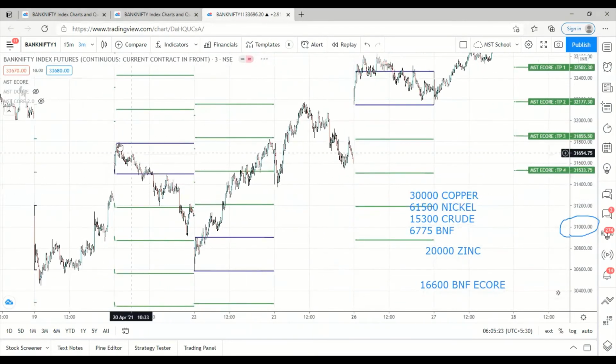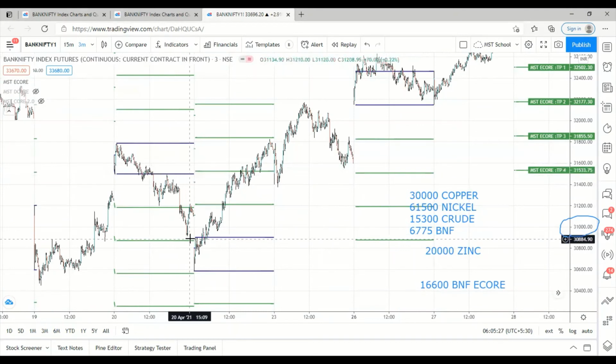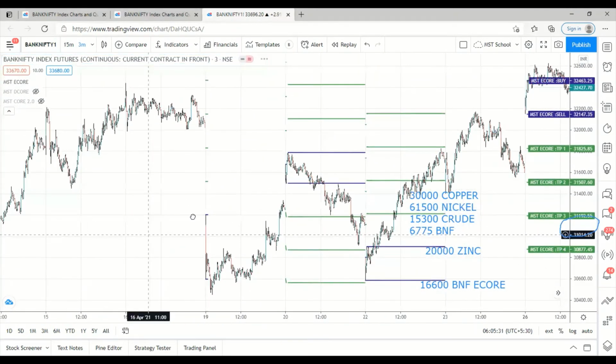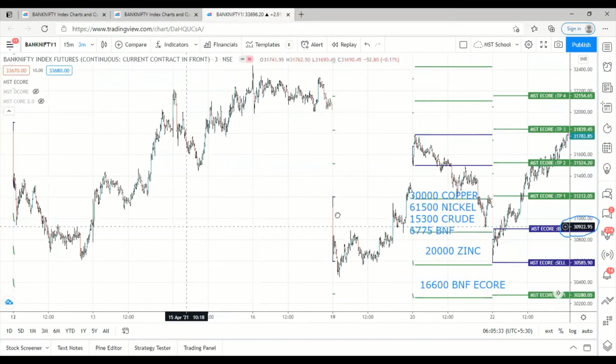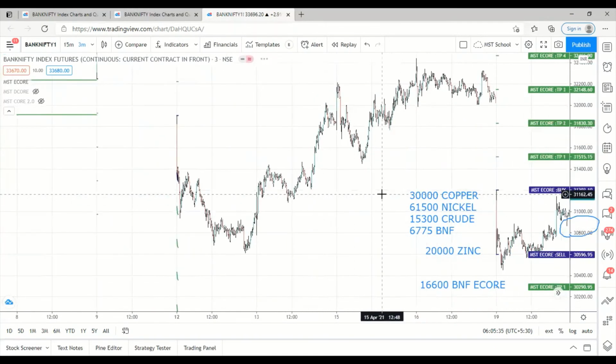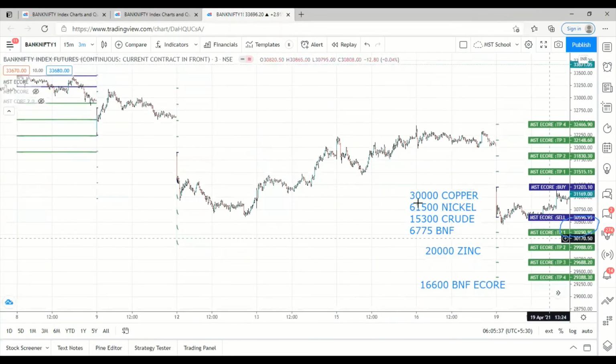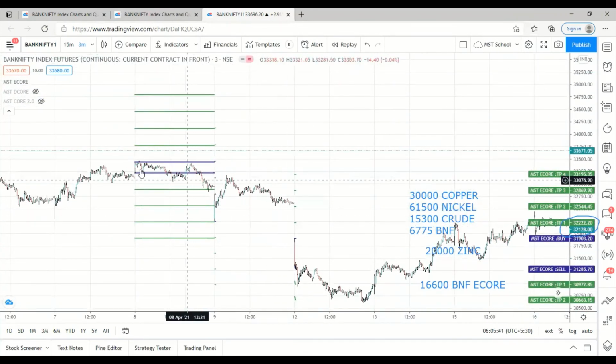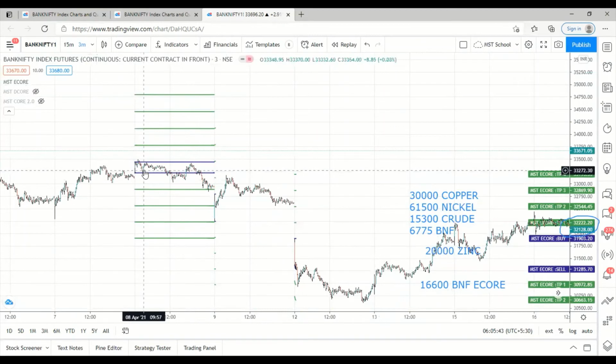And on the previous day buy did not activate, sell activated, first target and second target almost done. On the previous day there is no trade, and the previous day also no trade. So if the condition is not met, then the trade will not be executed. See here, first buy not activated, first sell activated, and target done, SL was safe.